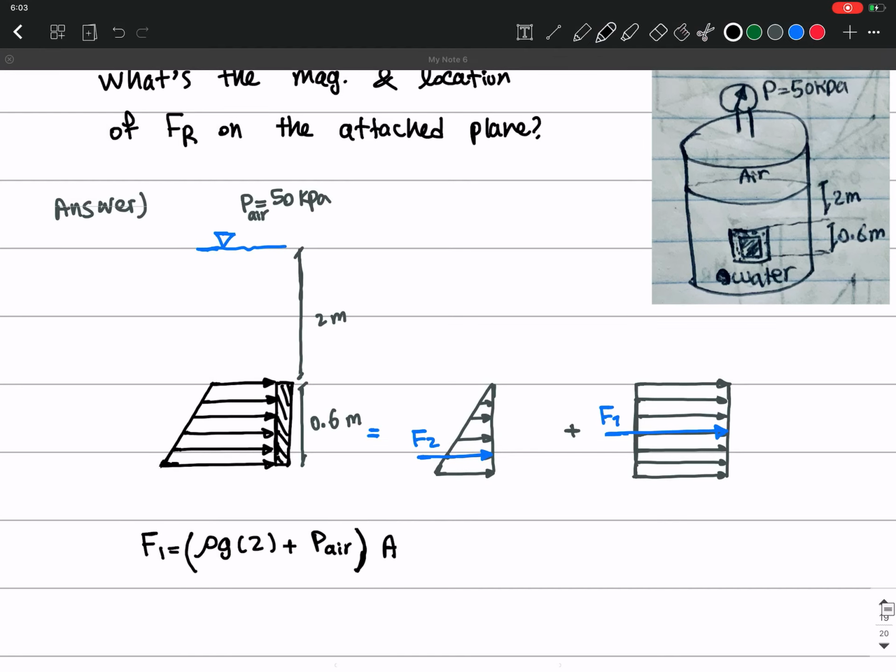Okay, so let's now calculate this. What is the rho of water? Rho of water is 10 to the 3 kilogram per meter cube, times g, which is 9.81 meter per second square, times 2 meter.